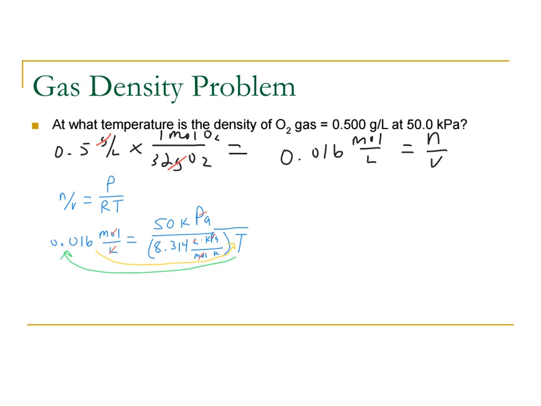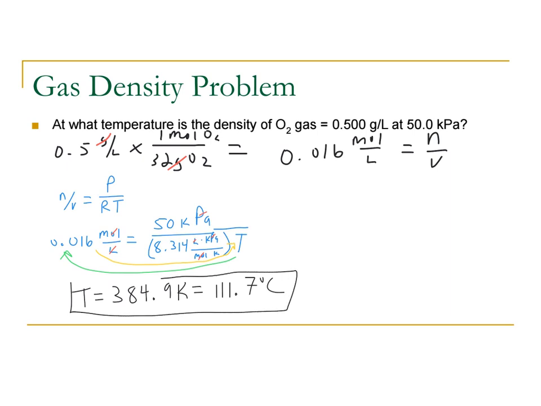So to solve for temperature, it's 50 divided by 8.314, and then divide by 0.016. The temperature you get is in Kelvin, so I get 384.9. If I subtract 273.15, I would get the answer in Celsius. So either one of those two answers would be okay.